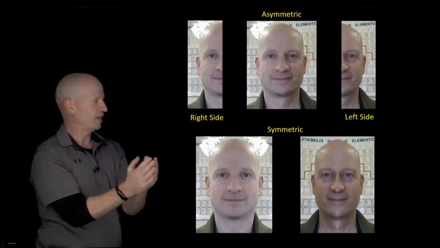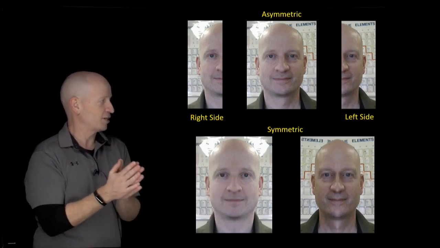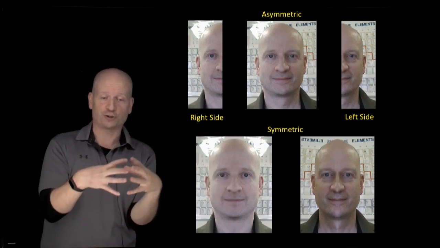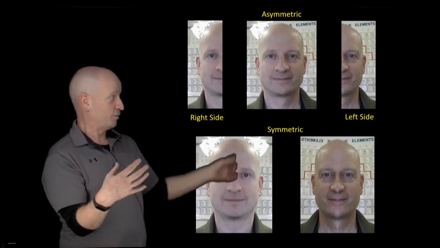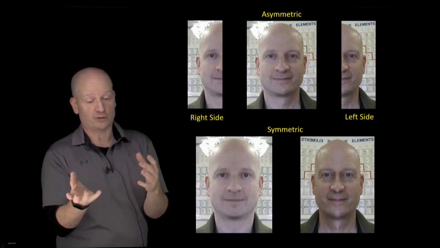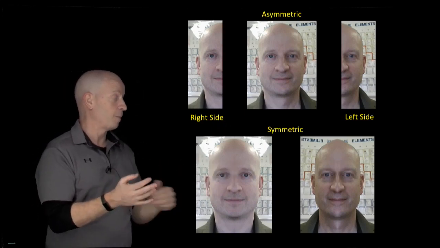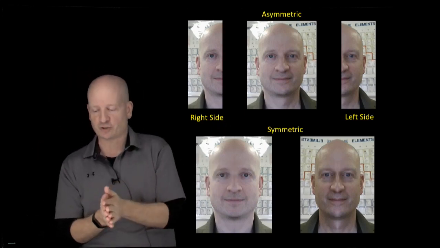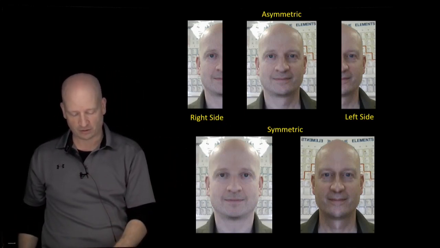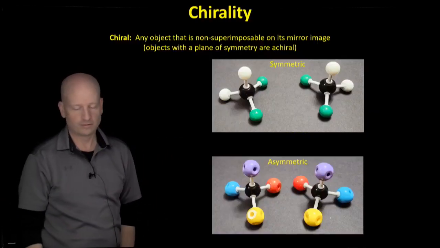The two images at the bottom are actually symmetrical versions of my face, but neither of them actually looks like mine, which is asymmetric. So both of the faces at the bottom have a plane of symmetry, whereas the original doesn't.